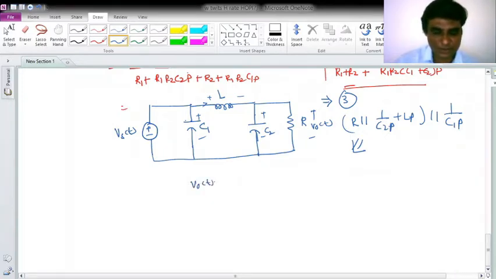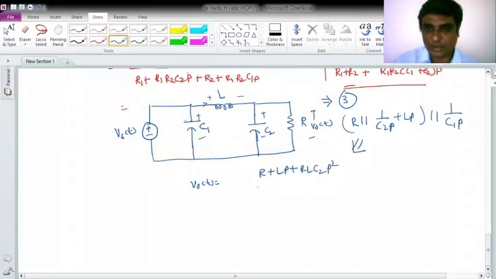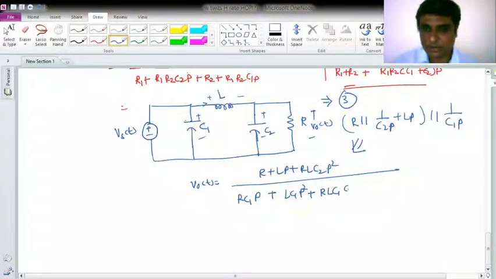V0 of t will be R plus LP plus RL C2P square, over R C1P plus LC1P square plus R L C1 C2 P cube, right?